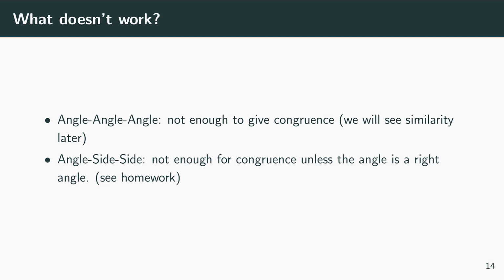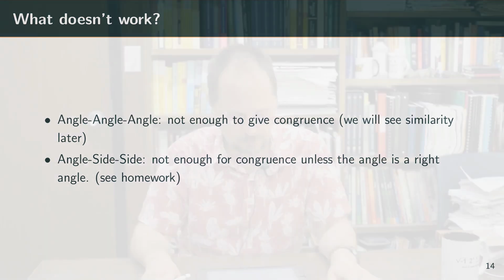Then you have congruence. So if you have right angle-side-side, then you have a congruence of right triangles. That's an exercise we'll maybe save for later. But the fact that angle-side-side fails to give you a congruence theorem is something I'll have you work through on the homework as well.